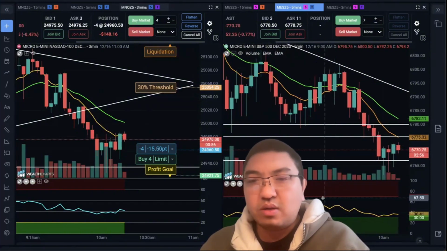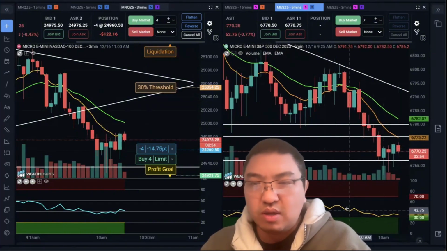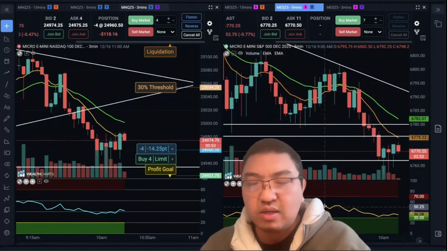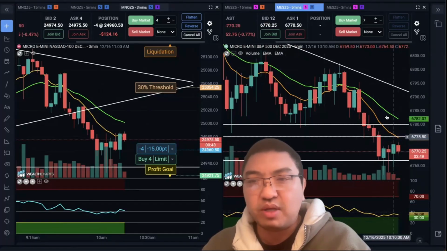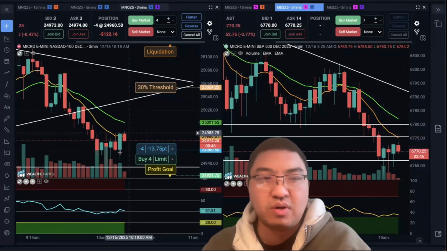Okay, this is RSI. Is there an RSI divergence? A little bit around here. It is breaking out. So overall it is going down.